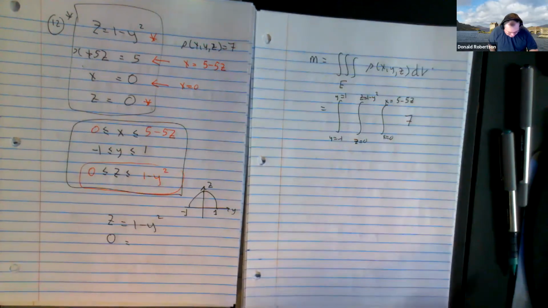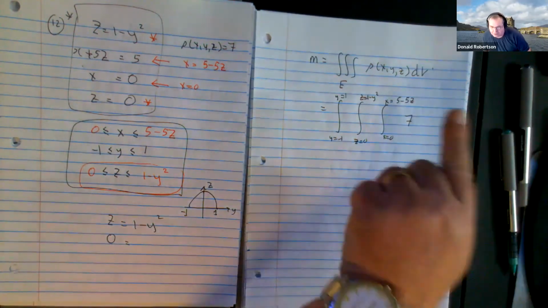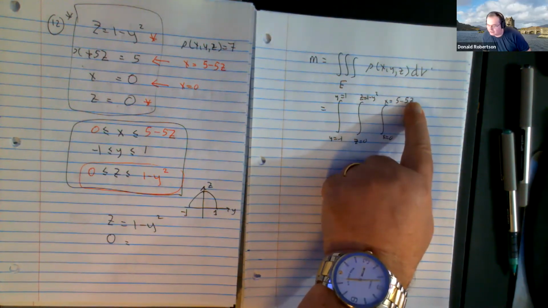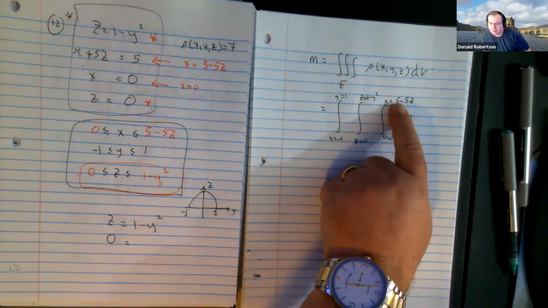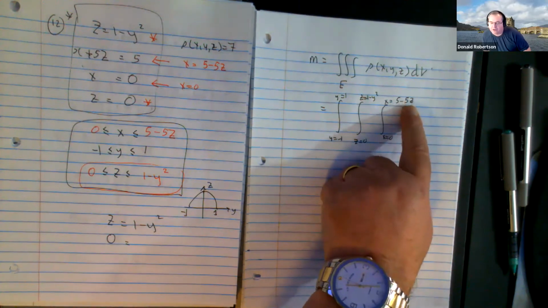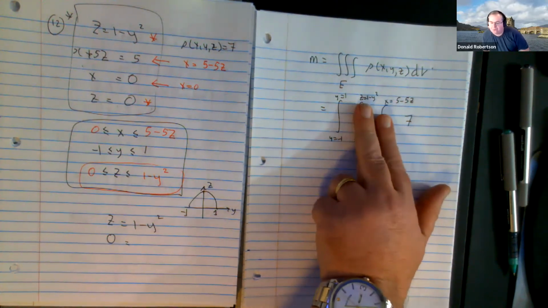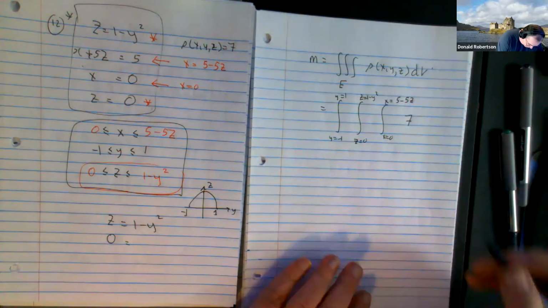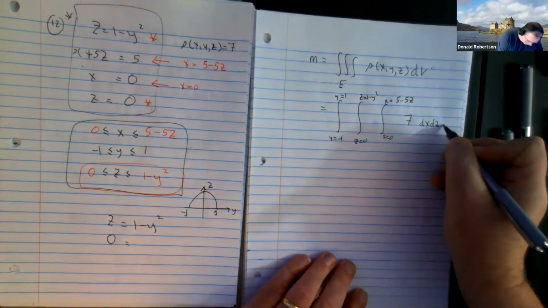If this was 5y take away 5z, it's definitely going first. But because this only has 1 and this only has 1, you could switch them and it could work, or you might have to do them in one particular order. In this case, it's going to be dx, dz, and dy.